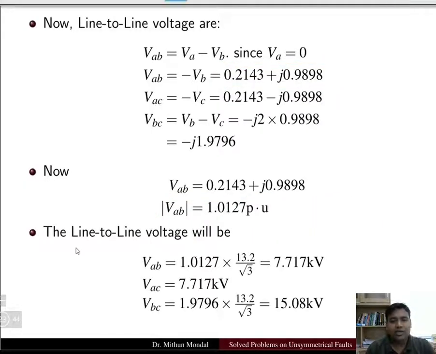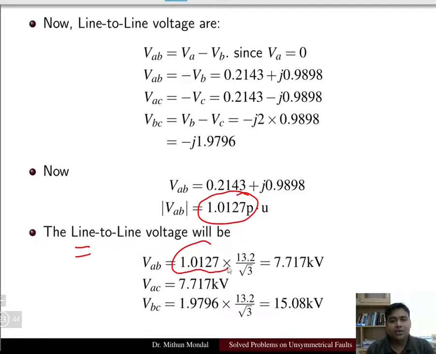Now to get the actual line to line voltage, the per unit value of 1.0127 has to be multiplied with the base value. The base value is 13.2 divided by root 3. Per unit value times base value gives the actual value of VAB, which is equal to 7.717 kilovolt.